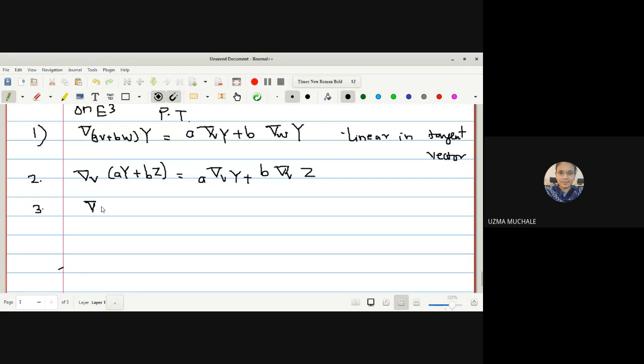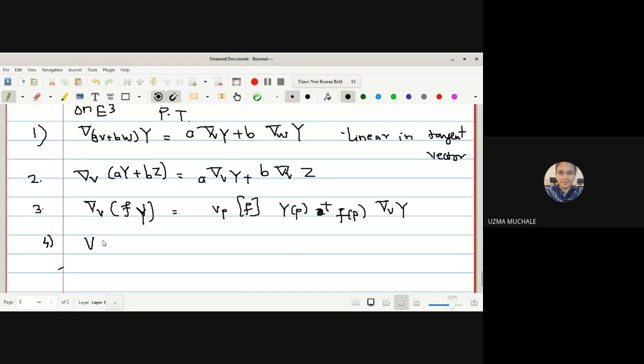Here, as we are working with vector fields, instead of taking a scalar constant, we take a function f, because a function evaluated at a point P will again be one scalar, or we can say one constant number. So del V of fY, which is a vector field, is equal to VP f, that is the directional derivative of function f, times the vector field Y evaluated at the point P, plus f at the point P, that is function f evaluated at the point P, times del V Y.